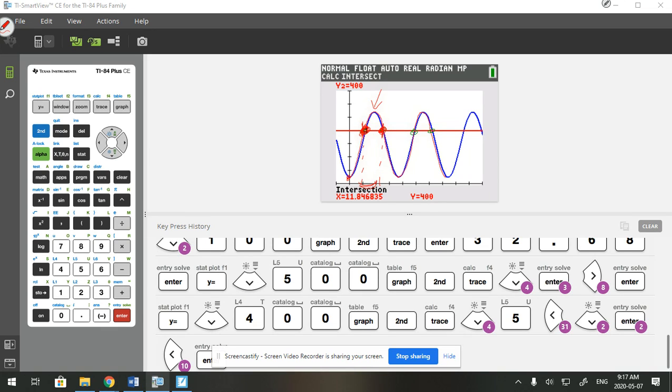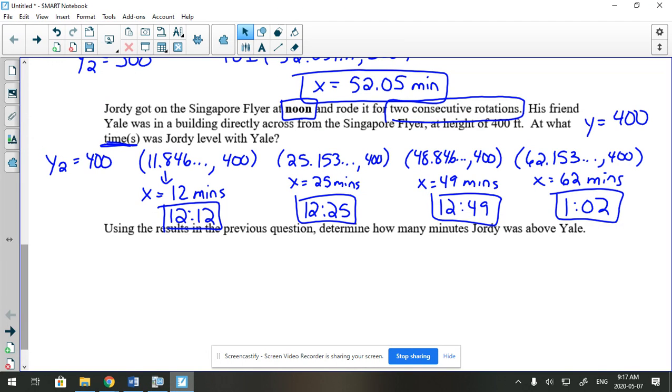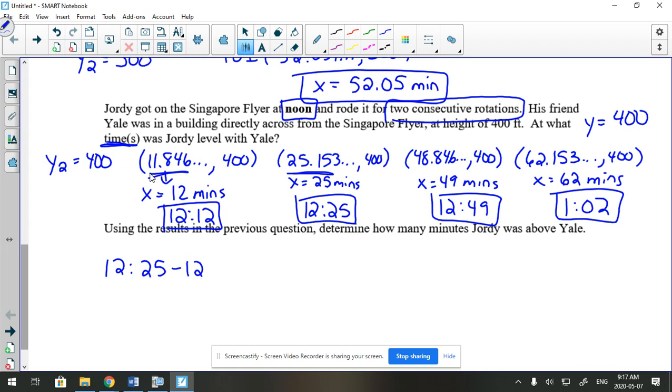Since a sinusoidal function is an exact repetition, you don't have to do the math twice. You can if you want. I think I did in the notes, but it's going to equal the same thing when you find that length of time. So my x value from the first one to the next time he sees him will be 12:25 minus 12:12.